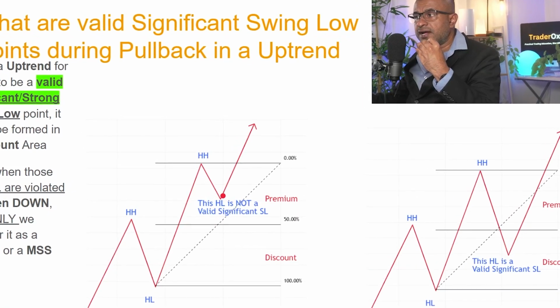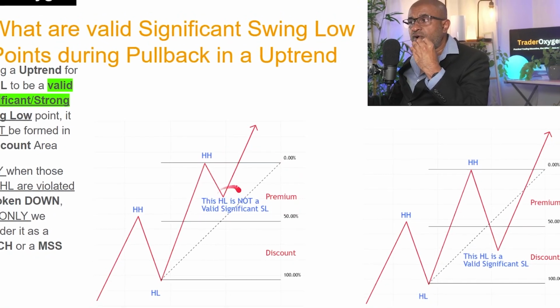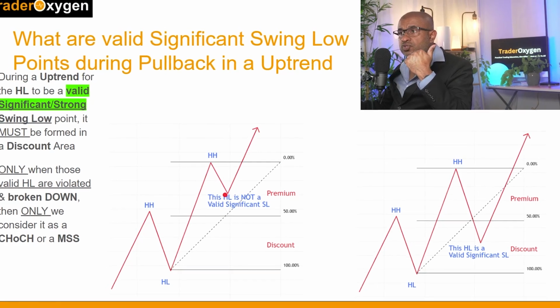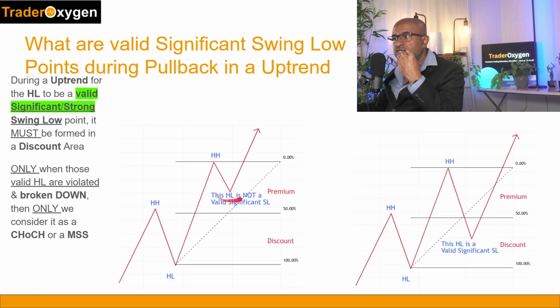So this higher low in an uptrend, we don't consider as a strong or valid swing low point. But this one we consider as a valid or a strong swing low point. Now this is important because when it comes to change of character or market structure shifts, we consider only these significant or strong swing points.